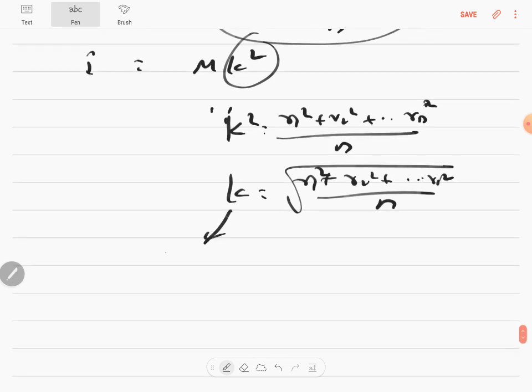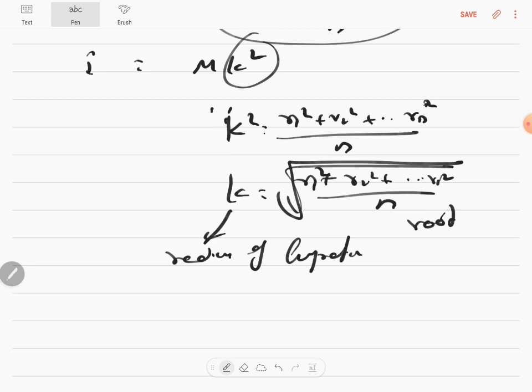This is known as the radius of gyration. It is the square root of a mean of squares, that is, the root mean square.